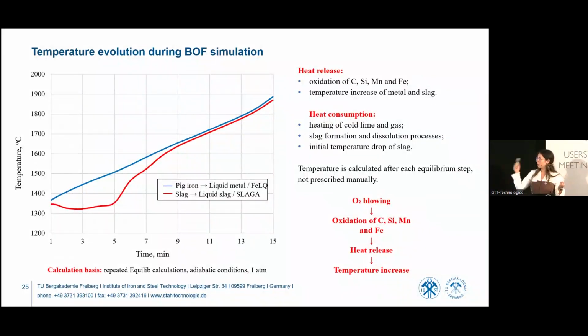At the beginning, it first decreases or stays lower. For me, the important result is not only the absolute temperature. The important point is that FactSage macro processing can follow the thermal response of the basic oxygen furnace step by step. So the model follows not only composition changes, but also temperature changes.